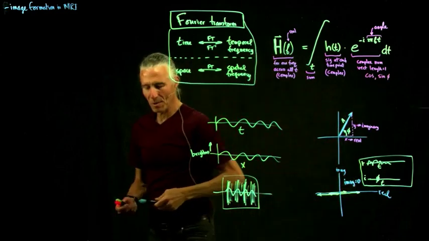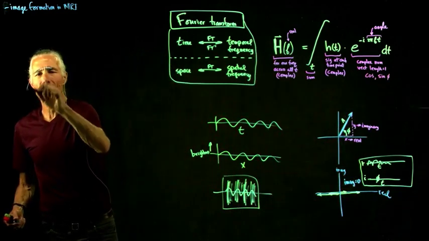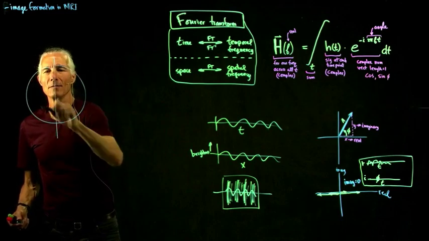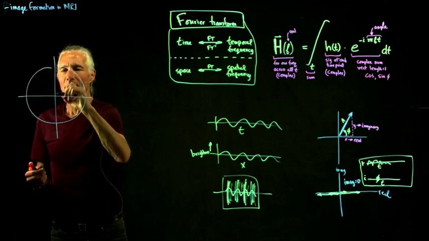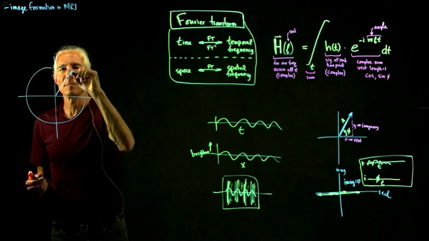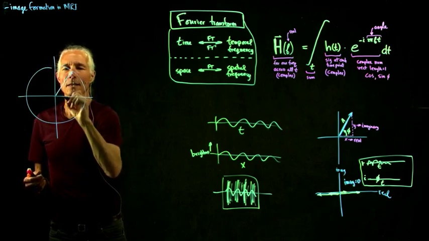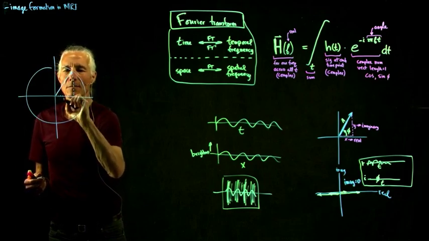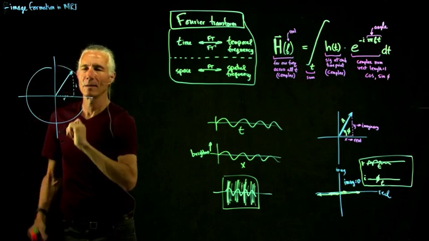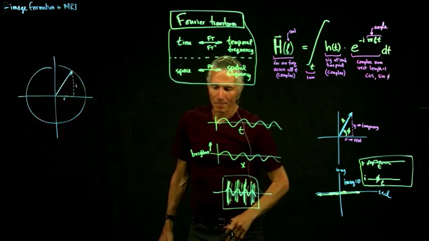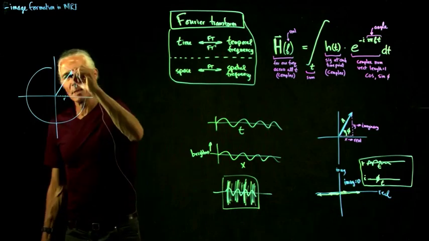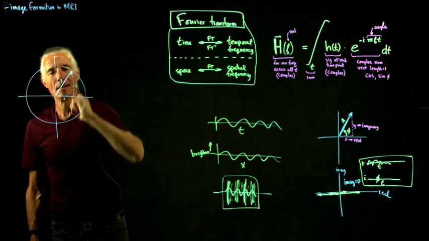So if we go over here and draw our complex number, there's our complex number, and it has a real part here and an imaginary part there, and its length is 1.